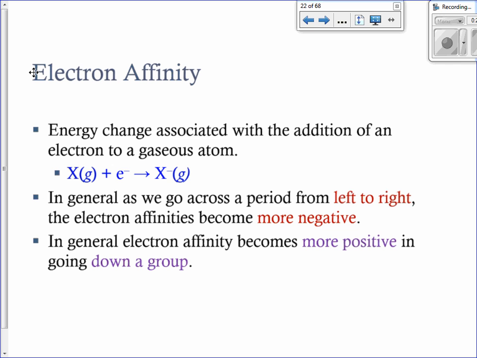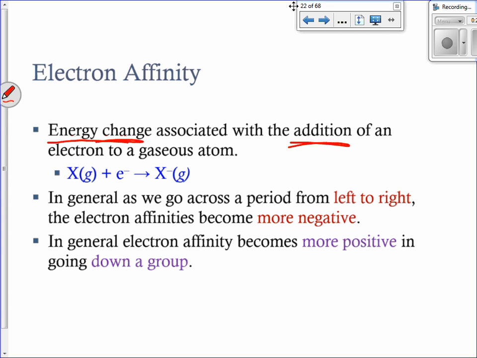Electron affinity. This is one we didn't really discuss a whole lot last year, so you do need to pay attention here. Okay? This is the energy change associated with adding an electron. Adding an electron is a Coulomb attraction, and it releases energy, because remember, forming bonds is exothermic. Forming is warming, it's exo.